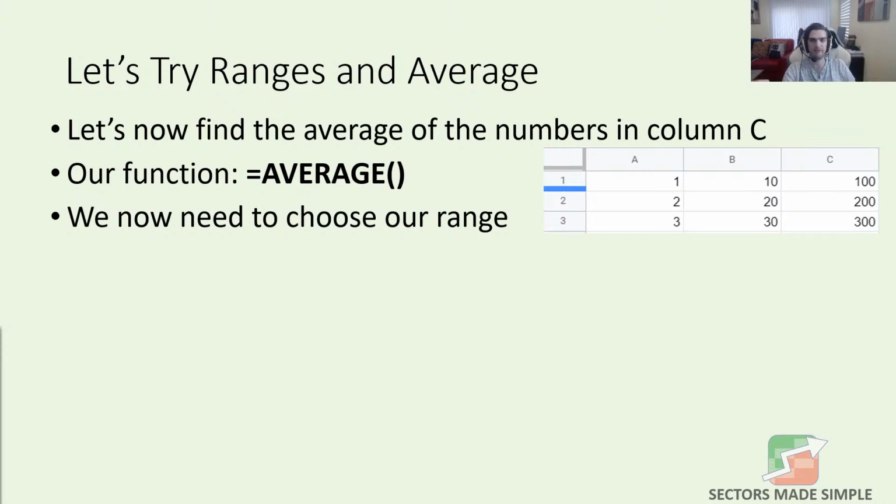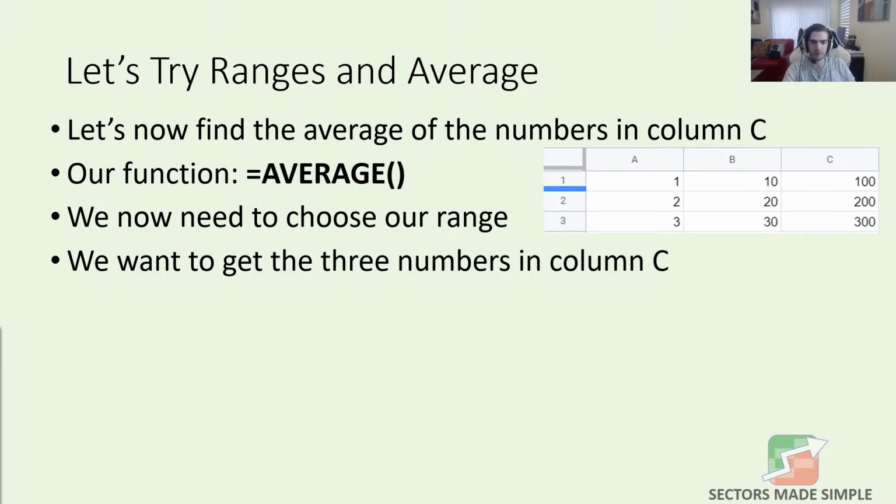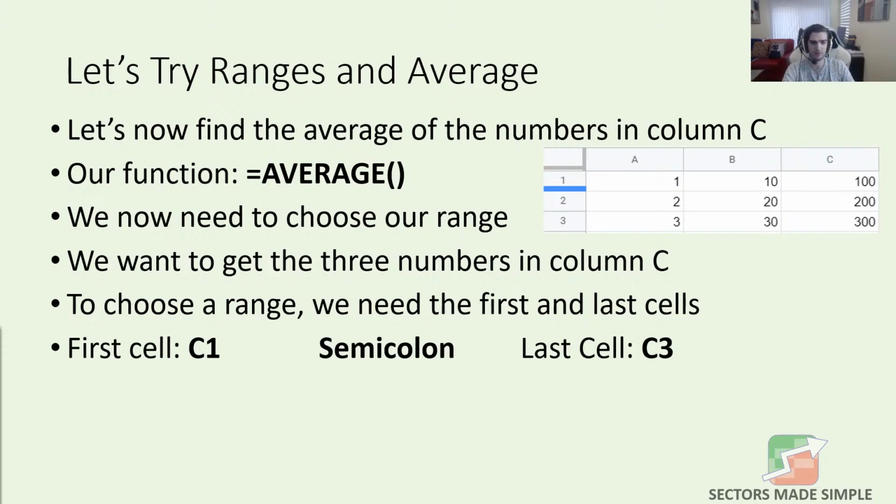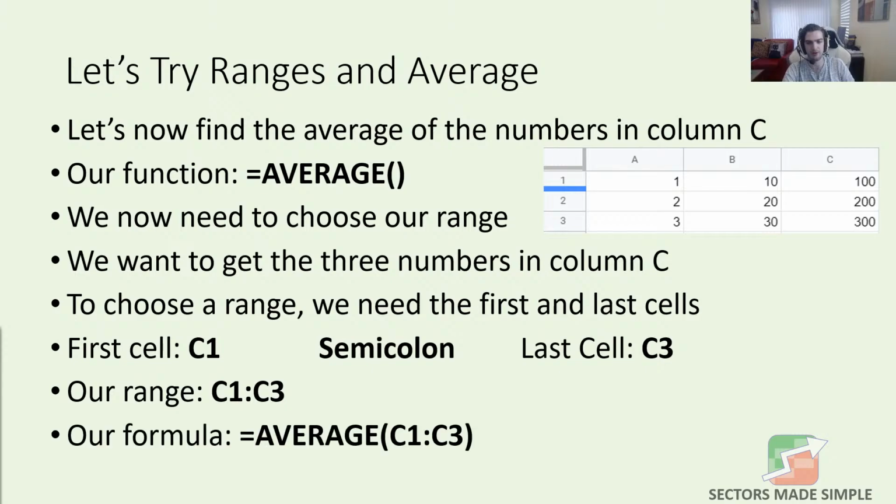What information do we want to find the average for? We want to get the 3 numbers in column C and find the average of them. And just like with the other one, to choose a range, we need the starting and ending points. So the first cell would be C1, then we have our colon, and the last cell would be C3. So our range would be C1 to C3.